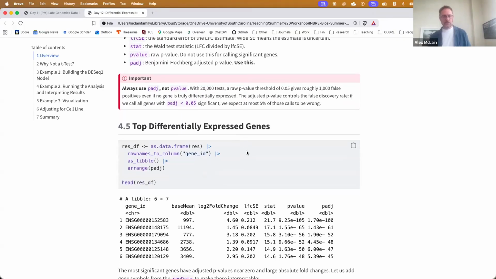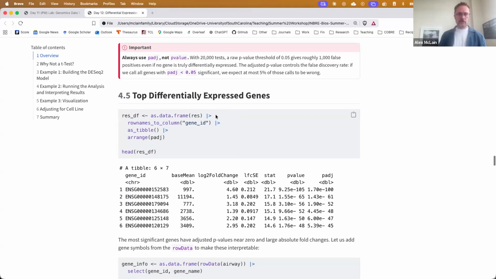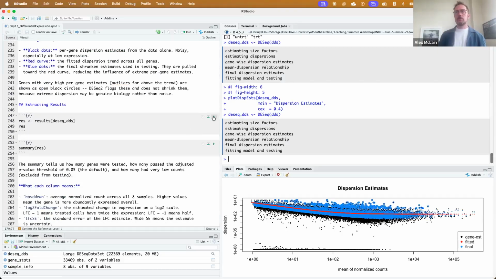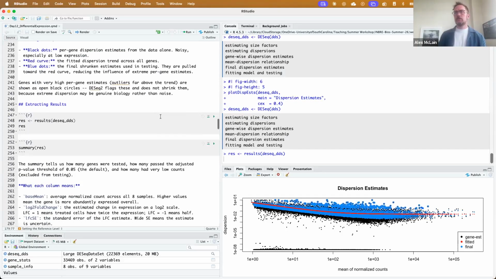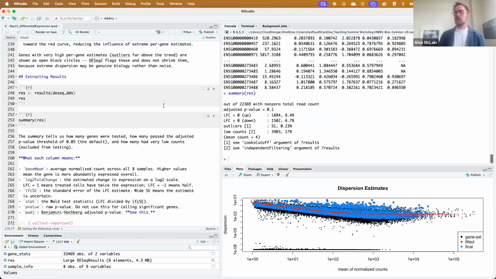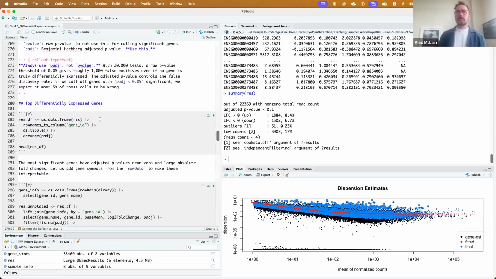Okay, so here we're going to look at some of the top differentially expressed genes. So we're taking the results. I'm going to go to R and just try to catch up with some of this stuff. Okay, so we have our results here, a summary of those. And here, I'm just changing the results into a data frame, and I'm taking the row names.